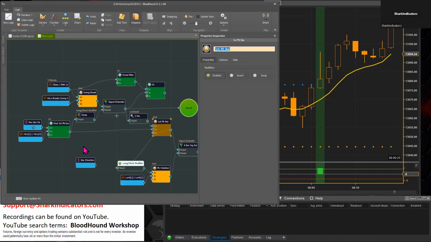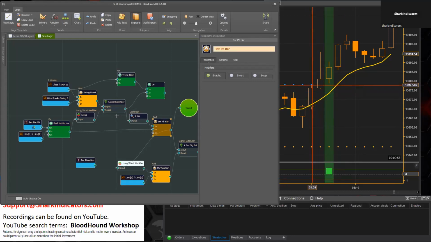And the outputs are different when I find the first pullback.